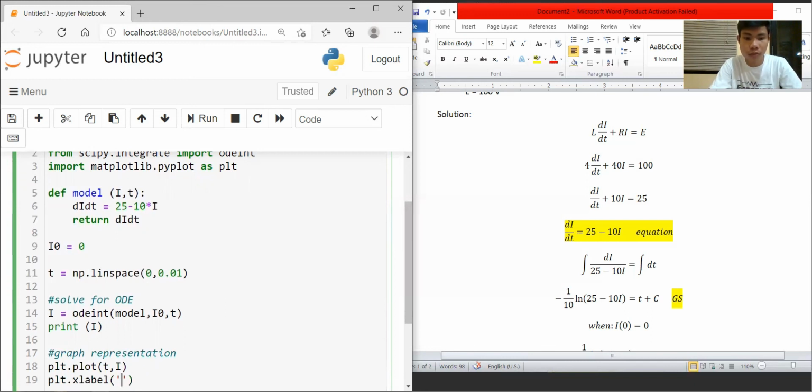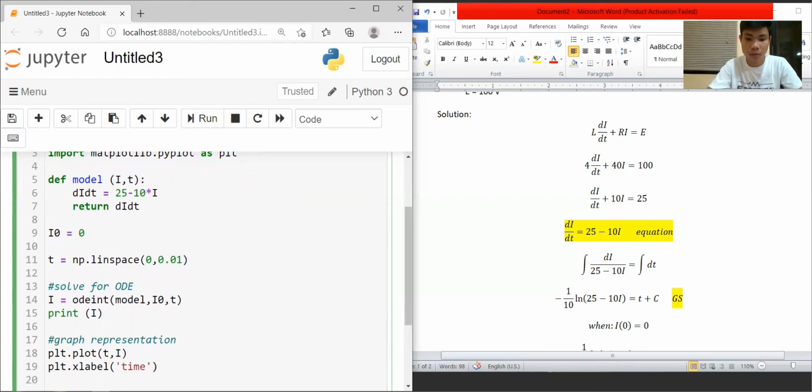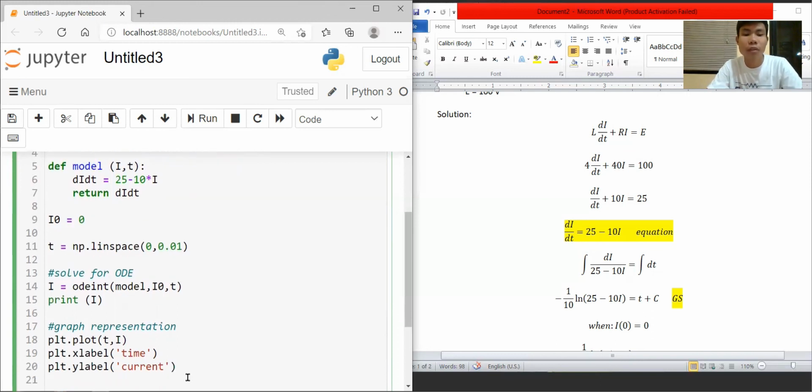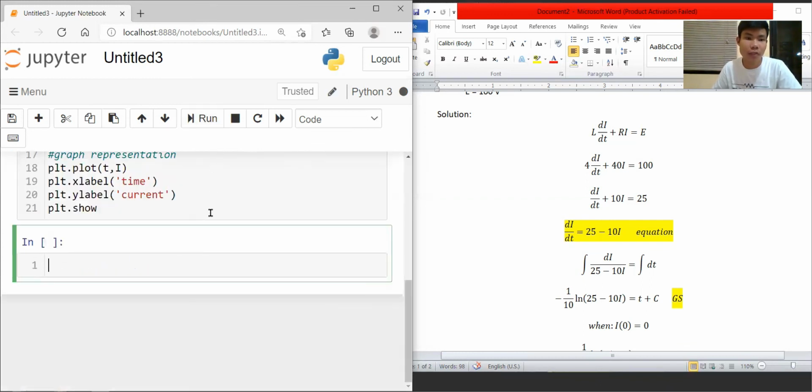X along horizontal axis. At X axis, ang ating i-label dyan ay our time. Then, ang i-label naman natin along Y axis is our current. Kasi yun yung gusto nating ipakita, yung relationship between time and current. Then, that's the end of our codes. So, ang kailangan na lang natin ngayon ay i-run.